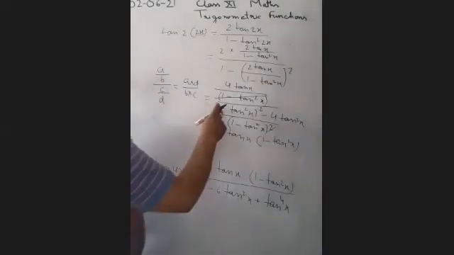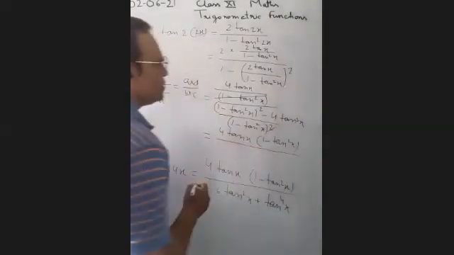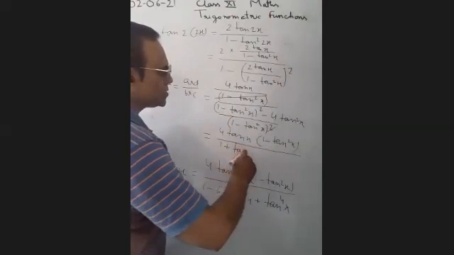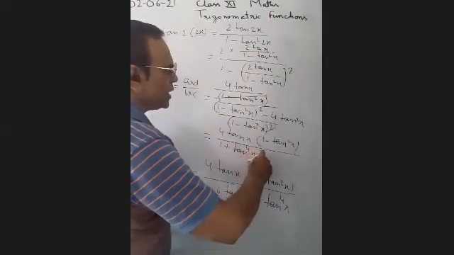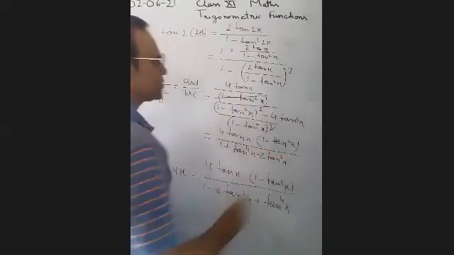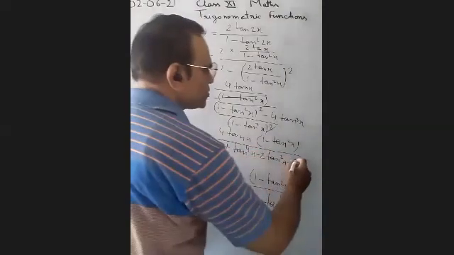But here you have to apply the formula of a minus b whole square, a square plus b square, that is, tan 4x minus 2 tan square x. Okay, a square plus b square minus 2 tan square x minus 4 tan square x.